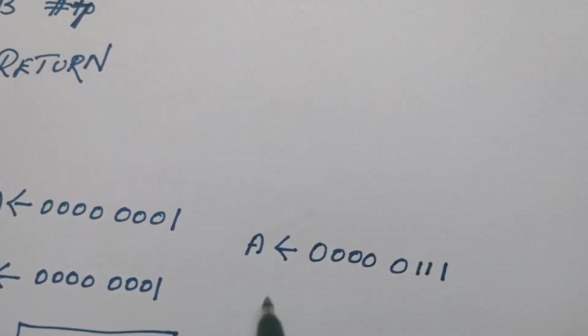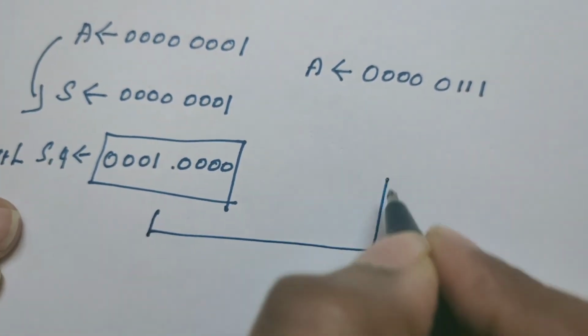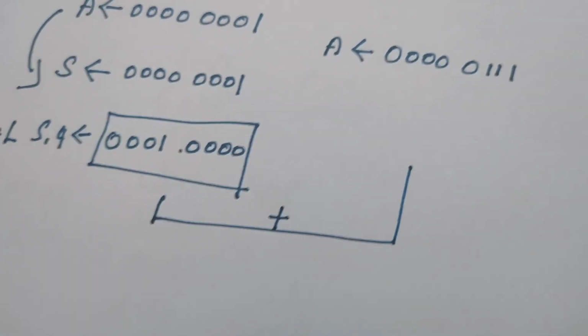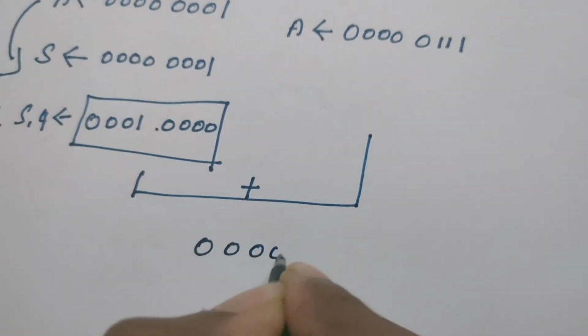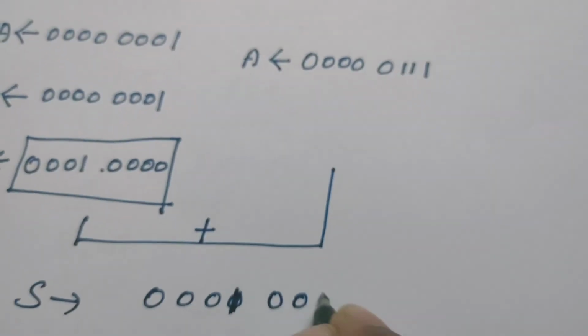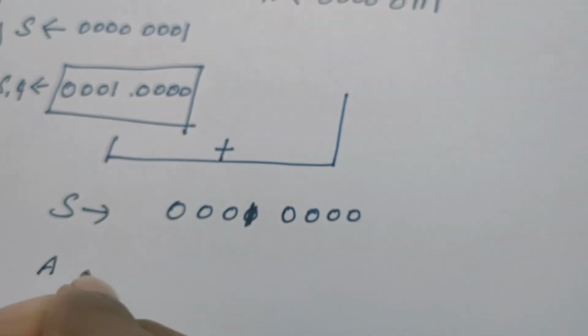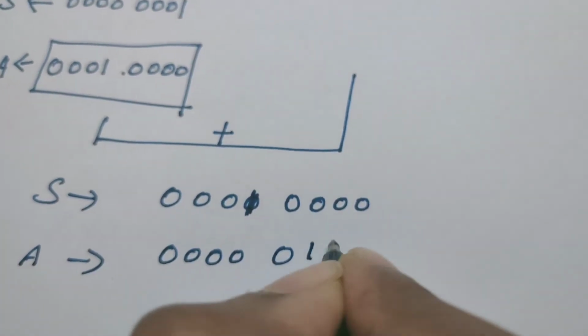0000111. In the main program, it is told that the content of S and A must be added. If the content of S and A is added, what will happen? So let me write what is in S. Let me write what is in A also. A contains 7.